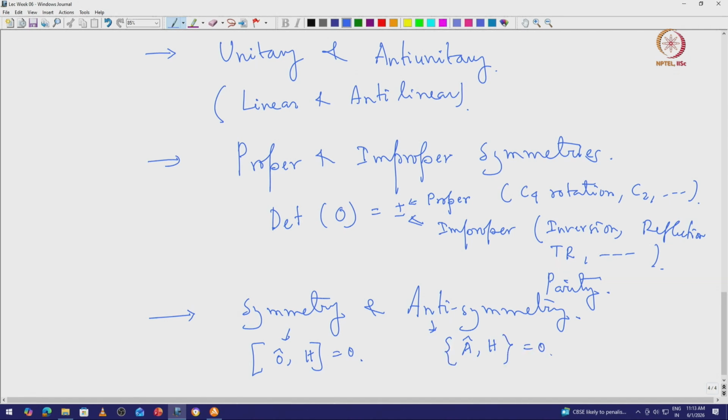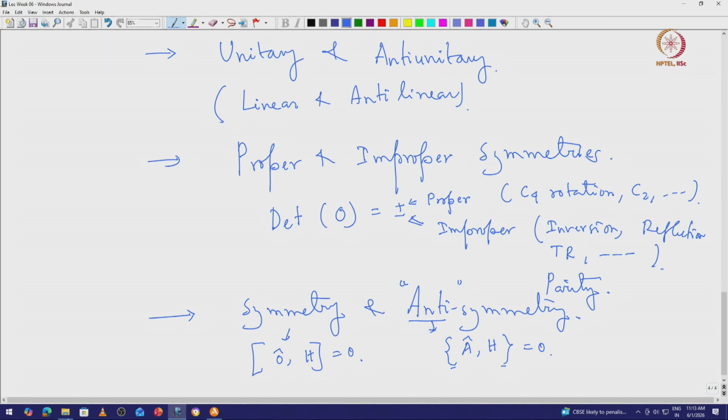So, in the literature they also call it symmetry, but it is much easier to call it anti-symmetry. So, I will try to stick to this nomenclature called anti-symmetry when confusion may arise, just to emphasize that the symmetry operator anti-commutes with the Hamiltonian.